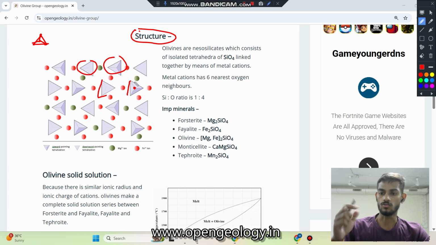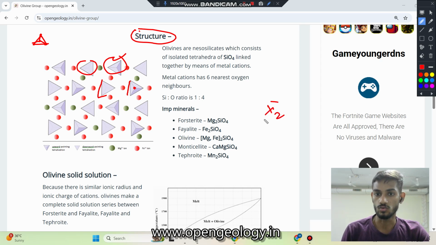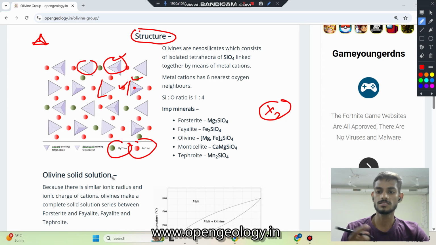So one is upward, one is downward. This is how the isolated tetrahedra are present in the structure. And the X2, that is iron or magnesium, is presented in red and green color. So this is the basic crystallographic structure of the olivine group of minerals.